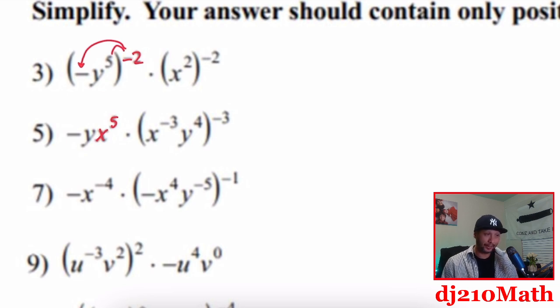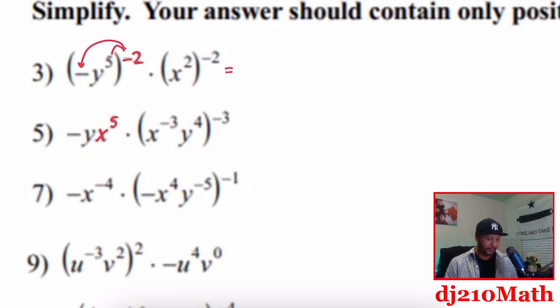What I do care about is that it's even. When it's even, the negative will go away, because a negative times a negative is a positive, and if you do it an even number of times, it'll always be positive. If it's an odd number, then the negative will stay, regardless of whether it's a negative exponent or a positive exponent. It's odd and even. That's what you're looking at.